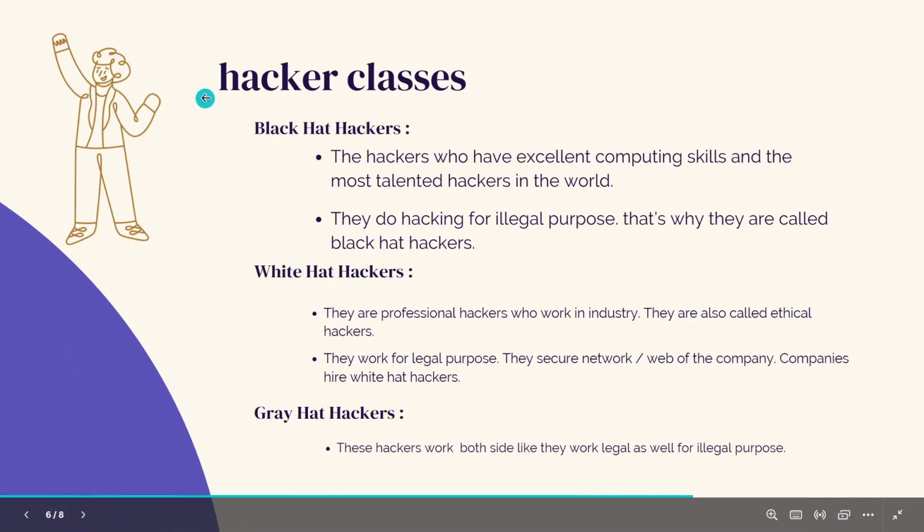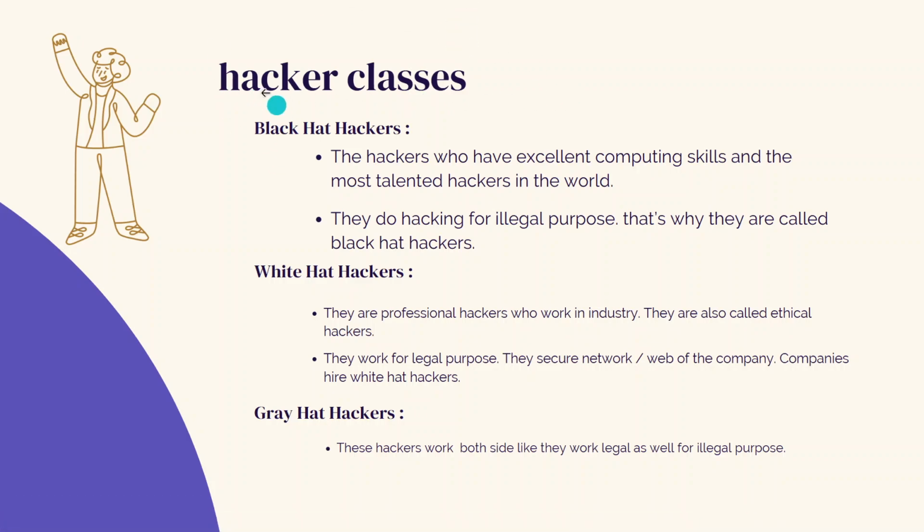Now, the different types of hackers. Hackers are classified into types based on their role or jobs. First, the black hat hacker: a hacker who has excellent computing skills and is among the most talented hackers in the world.